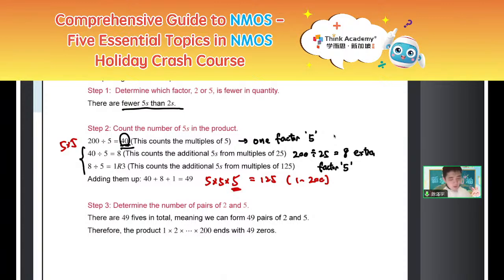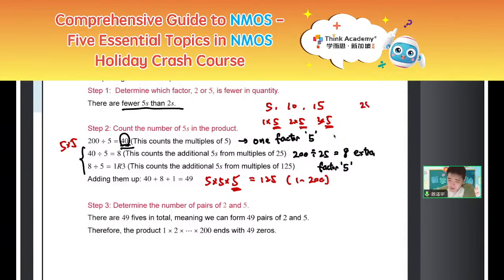All right. When people ask why it is extra, it's because for example, for 5, 10, 15, for all of these multiples of 5, after we do the prime factorization, 1 times 5, 2 times 5, 3 times 5, you'll see that there's only one factor of 5. So when we count all the multiples of 5, we count it as only one factor of 5.